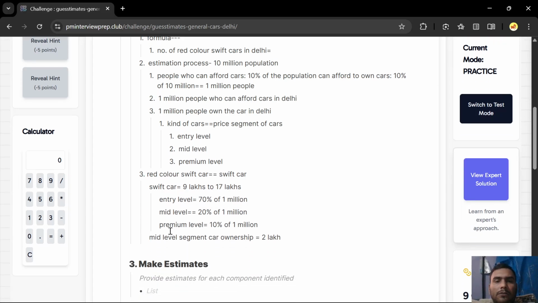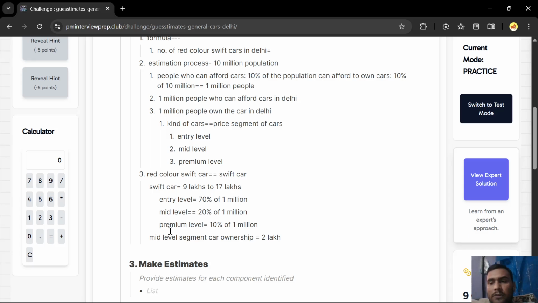Now I did the breakdown based on the population of how many people can afford a car. And for the sake of our discussion, we have assumed that people who can afford a car actually own the car. So around 10% of people can own a car in Delhi.